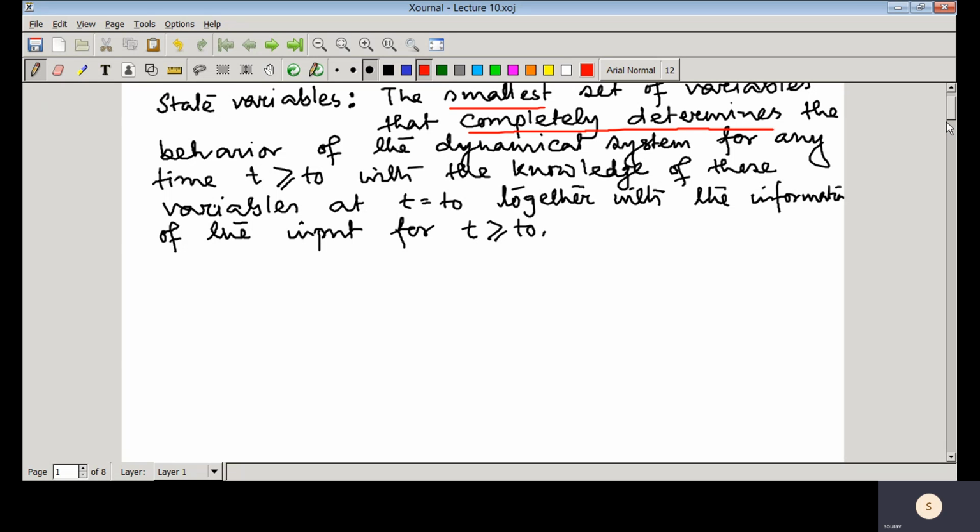So there are some important attributes involved in state space modeling, as follows. The concept of state is not limited to only physical systems. It is also applicable to biological systems, social systems, economics. State variables need not be physically measurable or observable quantities.